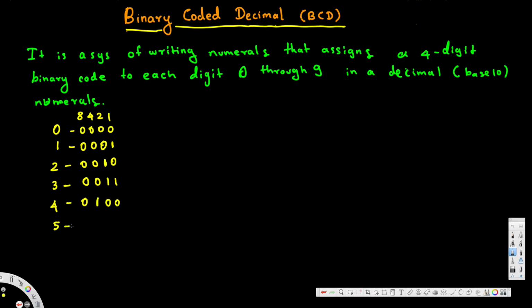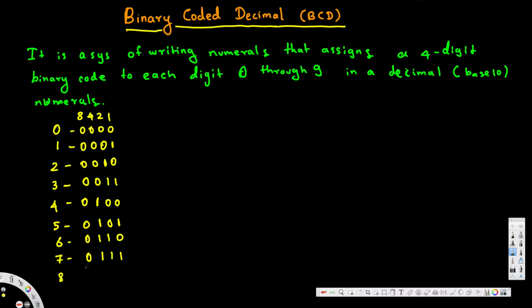And for 5, we had to have a 4, and also a 1: 0, 1, 0, 1. And 6, we had to have a 4 and a 2, so this is 0, 1, 1, 0. And for 7, we had to have a 4, a 2 and a 1. So that gives us 7: 0, 1, 1, 1.